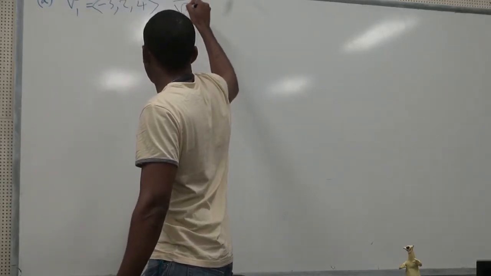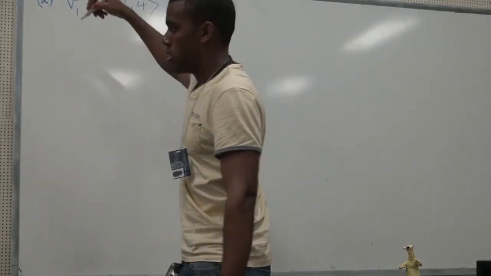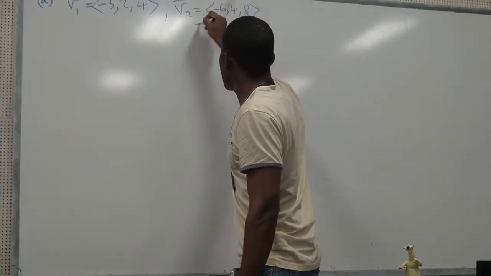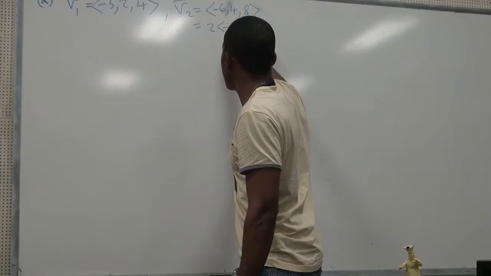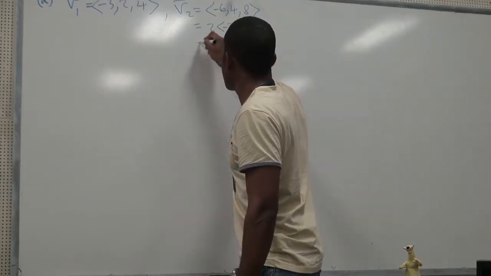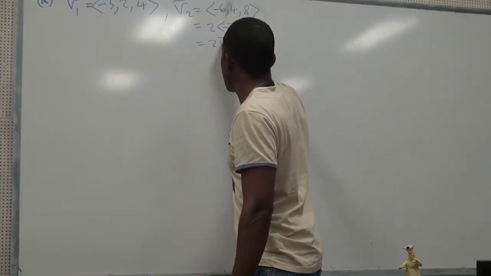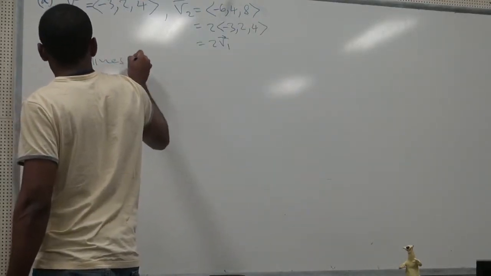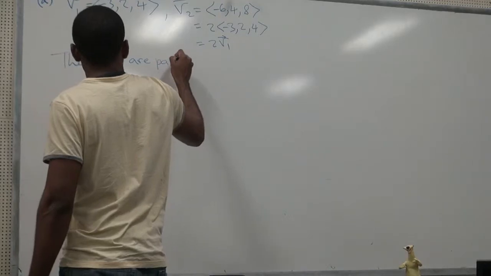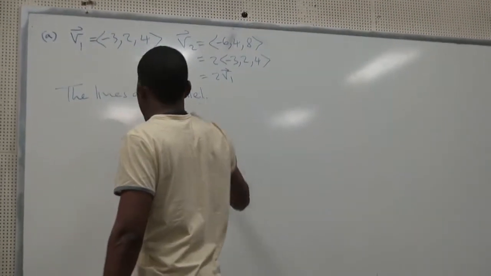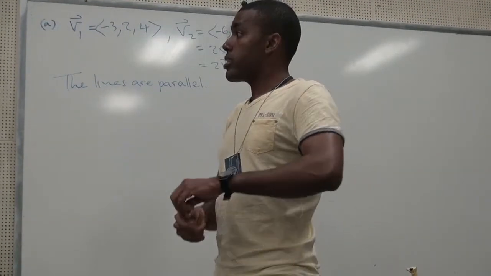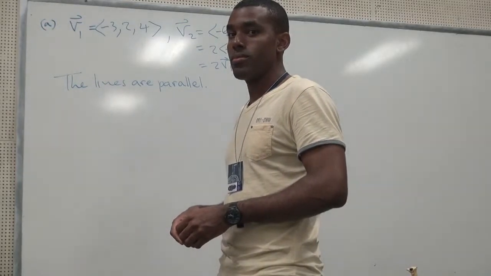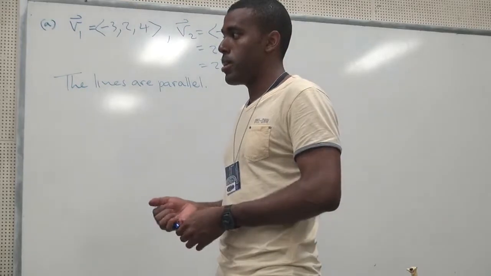The direction vector for line 2 is minus 6, 4, 8. That's actually just 2 times minus 3, 2, 4, which is 2 times V1. Lines are parallel. Do they intersect? No, they're parallel. Lines can be parallel and intersect.